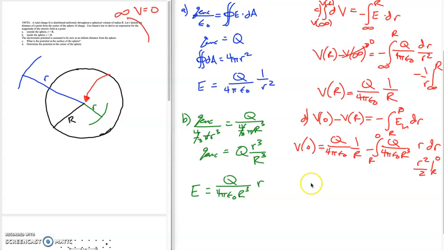And once we plug that in, take care of this minus sign, because remember, it's going to be the upper limit minus the lower limit, but then we also have this minus sign, which means now there's going to be a plus.